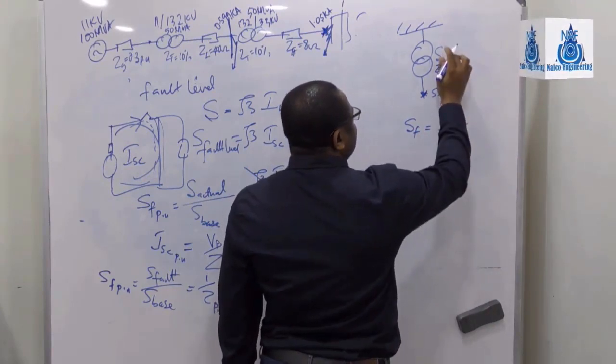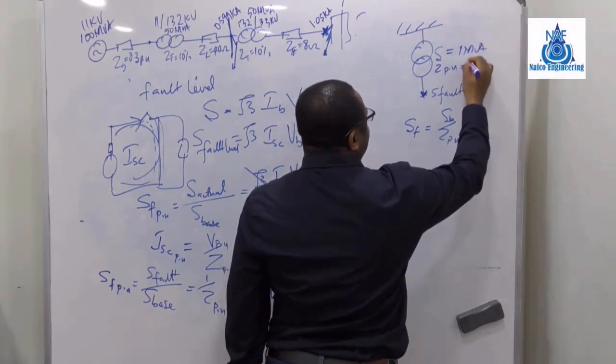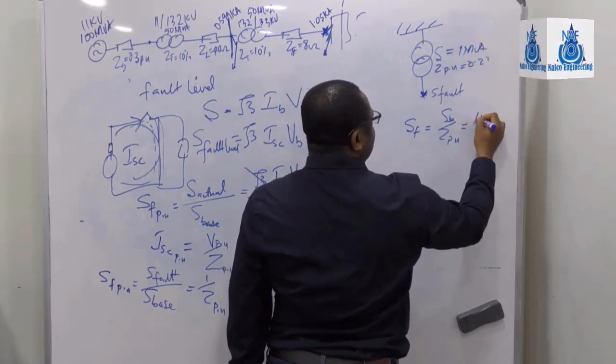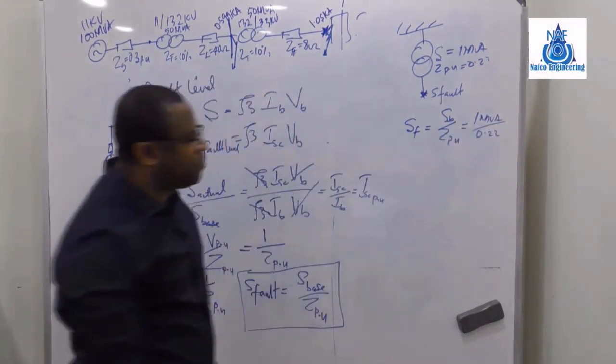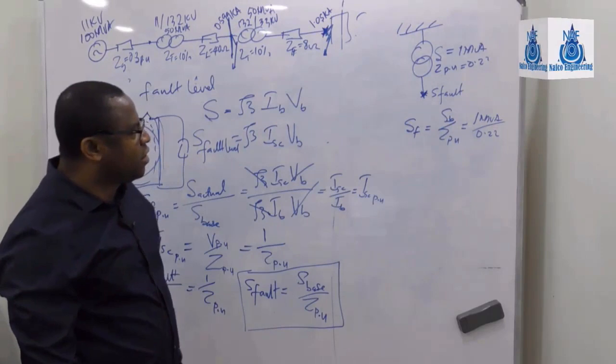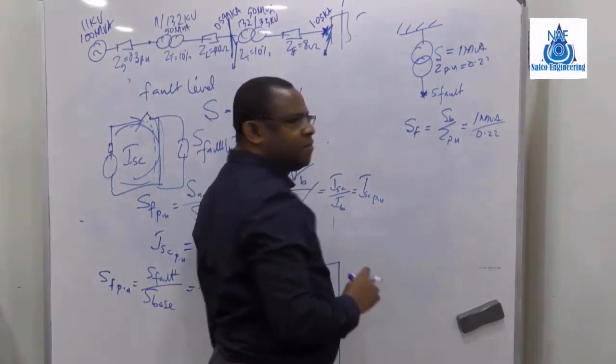If for instance this is 1 MVA and this is 0.22, I just say 1 MVA over 0.22. That's all. That will give you the fault level at this point, if there's no cable here.